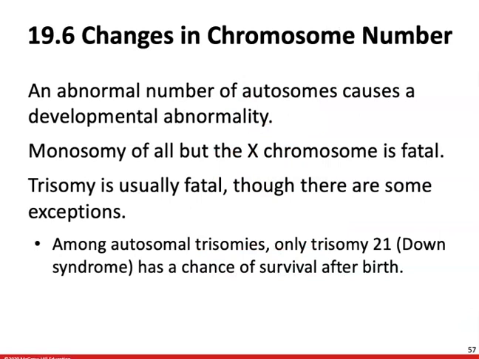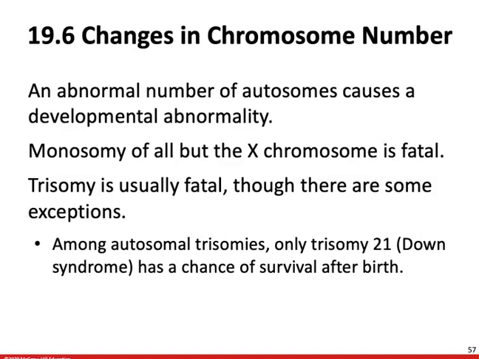Anytime we have an abnormal number of autosomes, it causes a developmental abnormality. Monosomy of all but the X chromosome is going to be fatal. Trisomies are usually fatal, but there are just a few exceptions. By fatal, I mean that almost all trisomies are going to result in an autoabortion or a miscarriage.